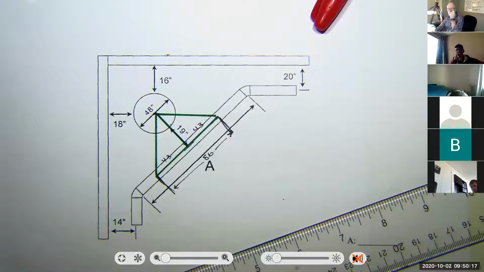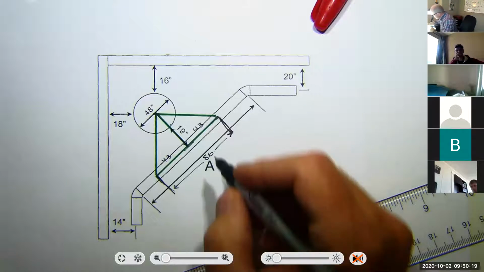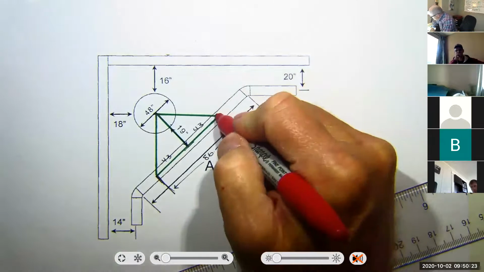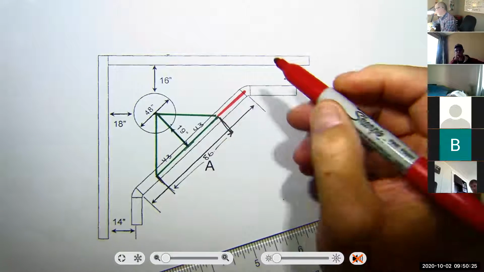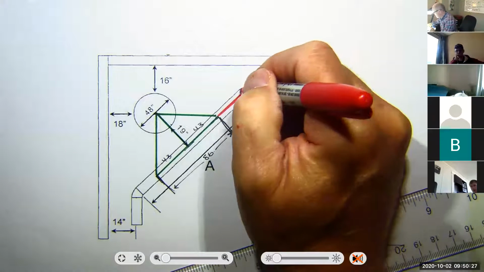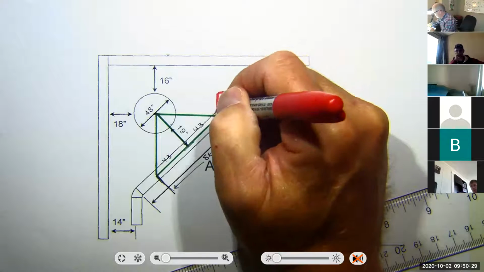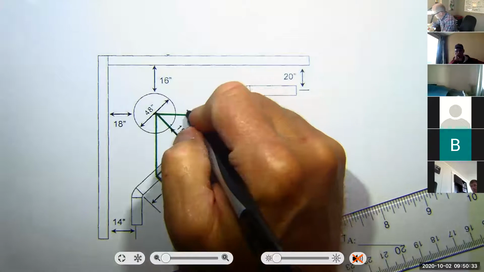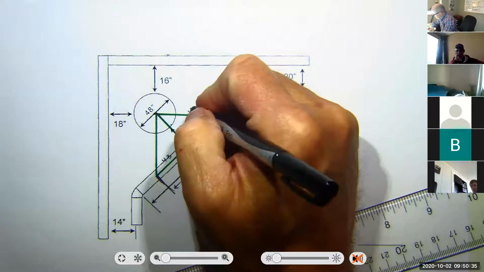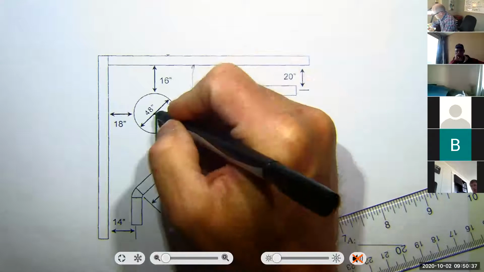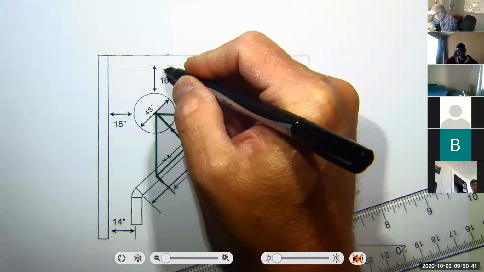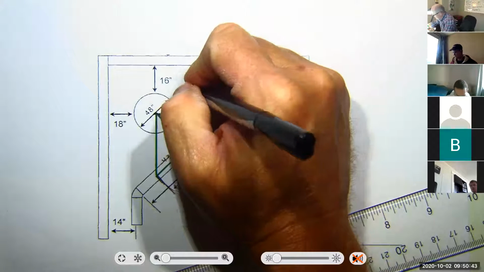Okay, so now I want to solve for this right here. That's a travel. I'm going to draw my right angle triangle. And I get the measurement from the green line all the way to the wall as 24 plus 16. So that line is 40.